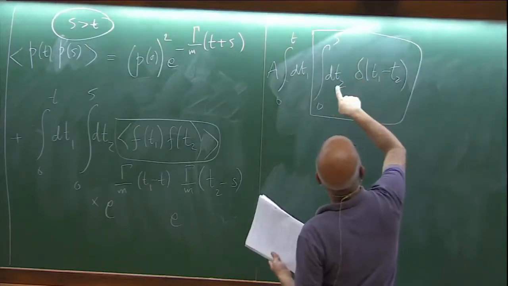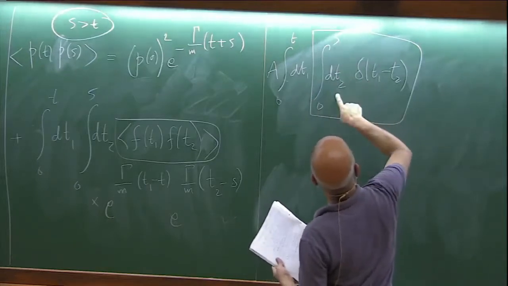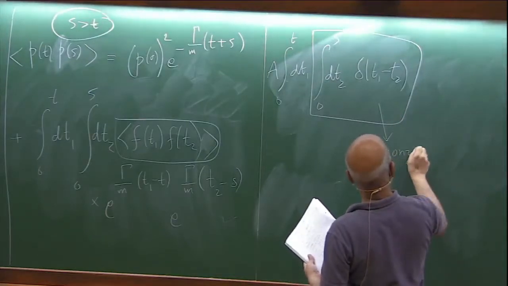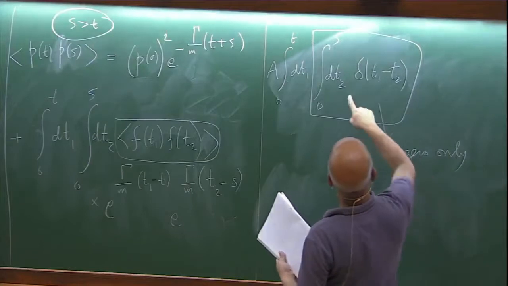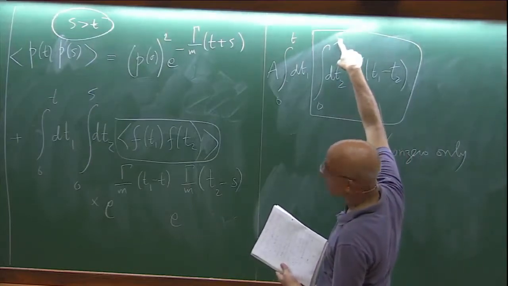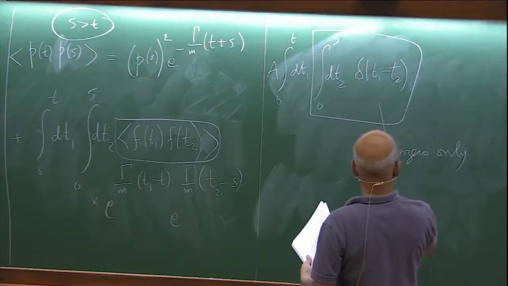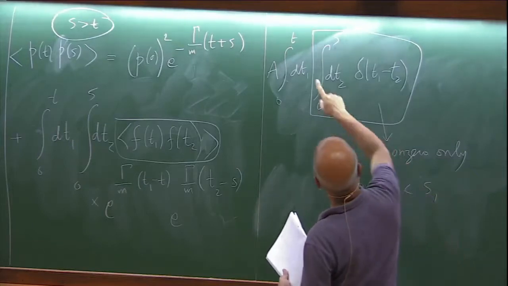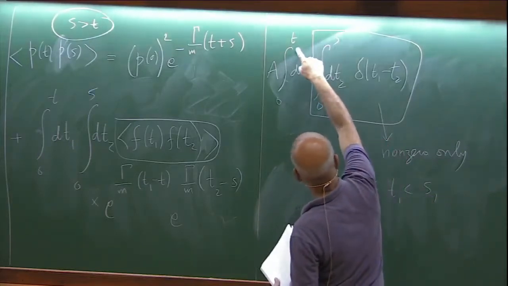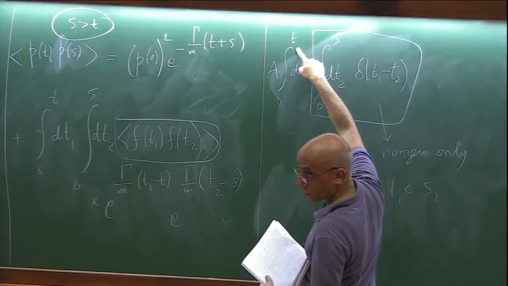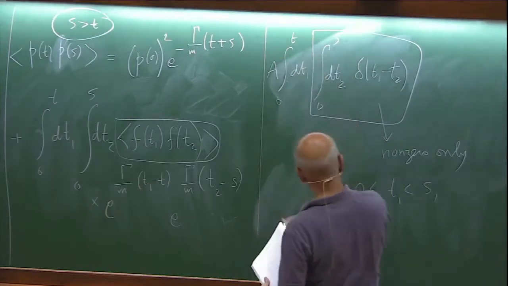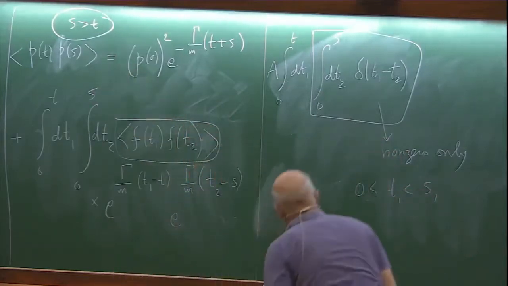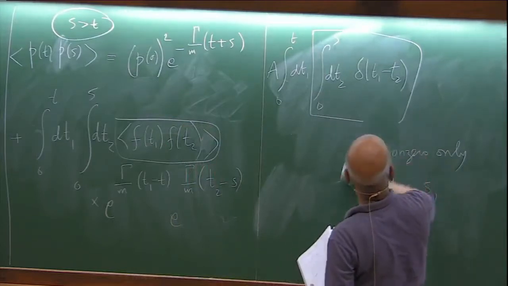I'm doing an integral from 0 to s dt2 delta of t1 minus t2. So this will give me non-zero only if t1 lies between 0 and s, right? And what that means is non-zero only if t is less than s. Right? Am I getting it right? Anyone following? Okay. All right. But since I've taken s greater than t, that's fine. So this will give me 1.